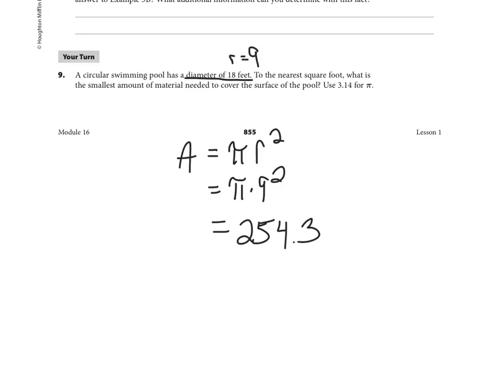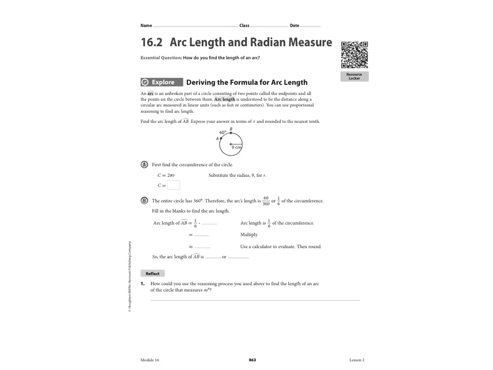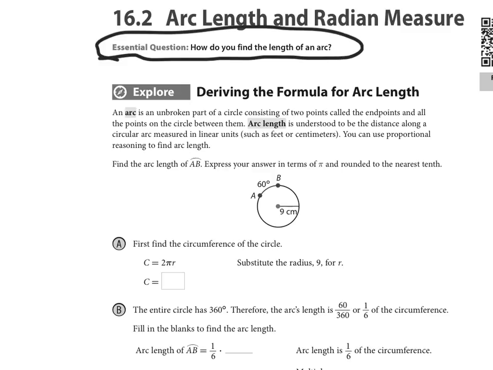So then we're also going to look at 16.2, which is arc length and radian measure. And the essential question here is how do you find the length of an arc? An arc is an unbroken part of the circle consisting of 2 points called endpoints and all the points in the circle between them, which we know because we've been working with it, right?